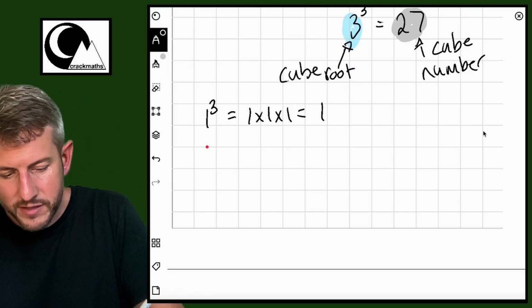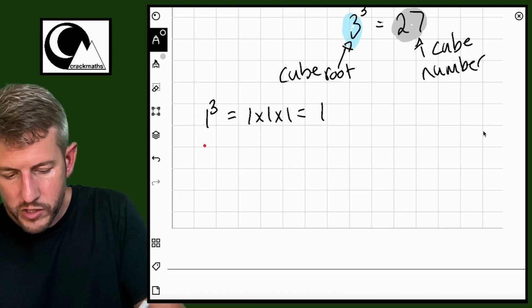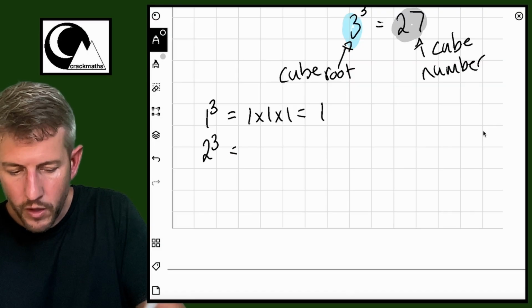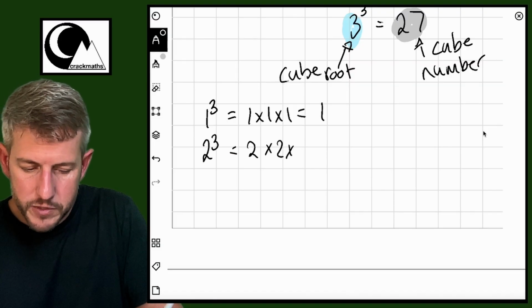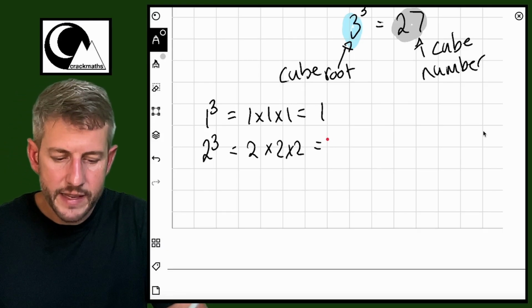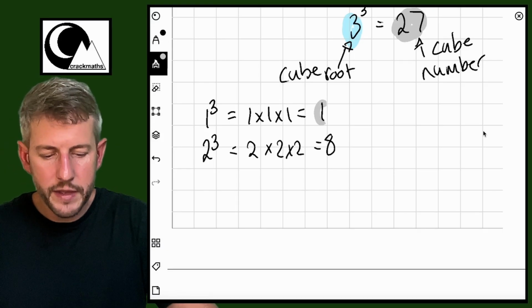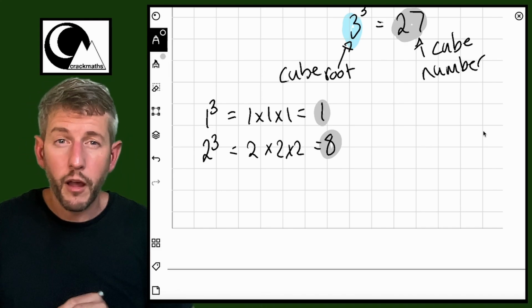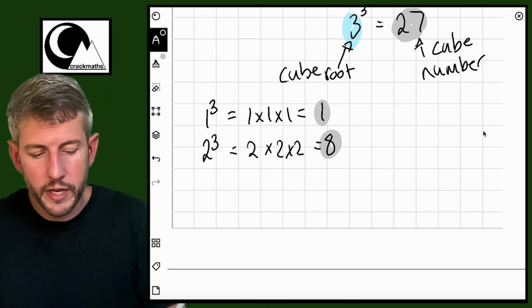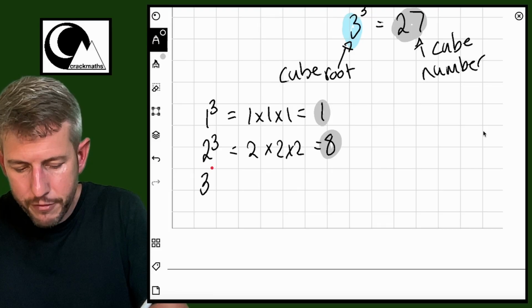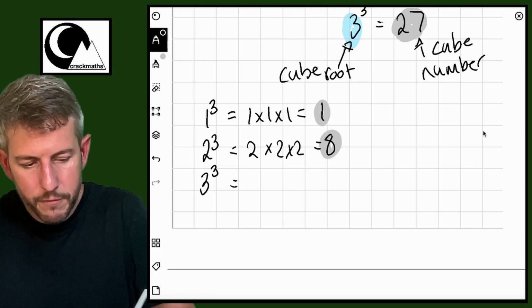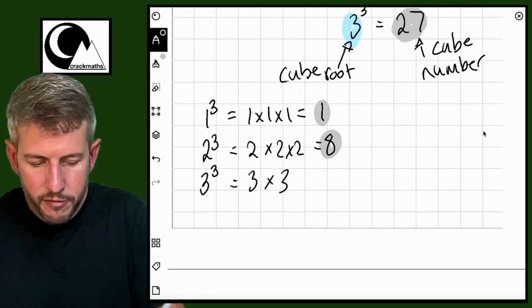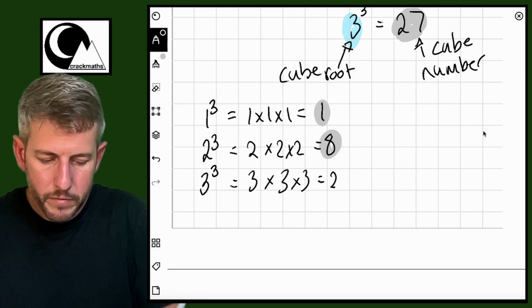The next cube number comes from 2 cubed, which is 2 times 2 times 2, which gives us 8. I'll highlight these in grey because these are the cube numbers. Our third cube number is 27, which comes from 3 cubed, 3 times 3 times 3 equals 27.